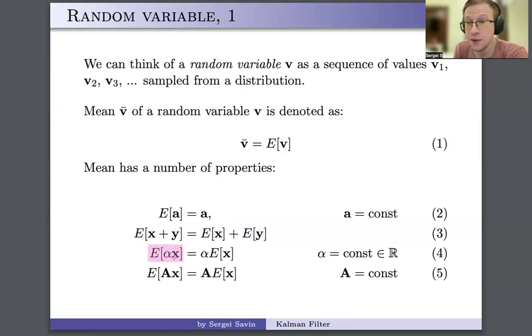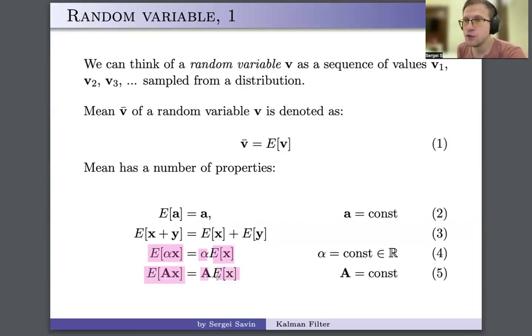The mean of a random variable times a scalar is the same as the scalar times the mean of the random variable. So the scalar can get out of the mean, right? And same with the matrix. The mean of a matrix times a random variable is the same as the matrix taken outside the brackets times the mean.